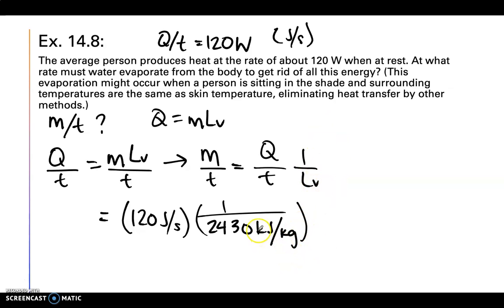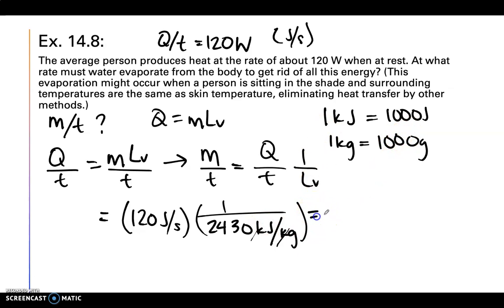Because this has a kilo aspect, this has a kilo aspect, we know that 1 kilojoule is 1,000 joules, 1 kilogram is 1,000 grams. If we were to plug those values in to convert them into grams and joules, it would be the same as just going, okay, the kilo and the kilo cancel. You can write it out, it might help you, but for the sake of this, I'm just going to say these will cancel.